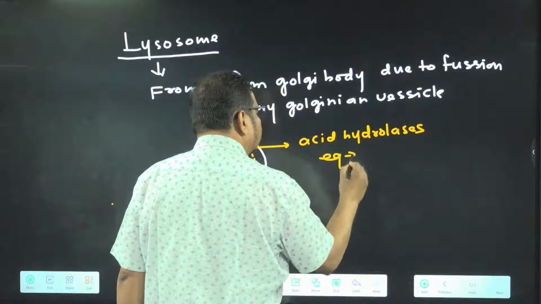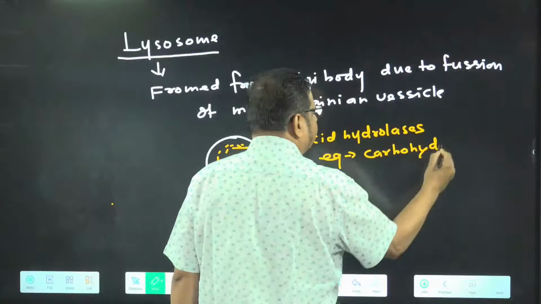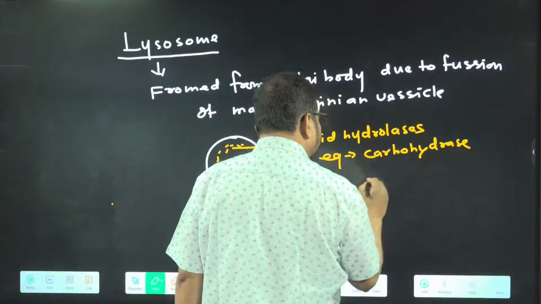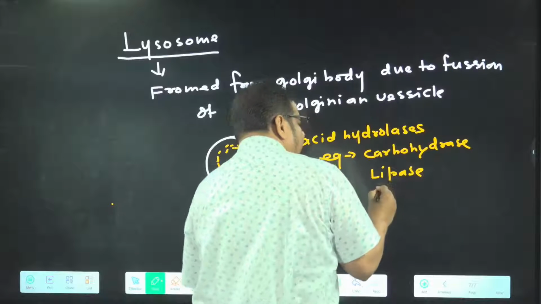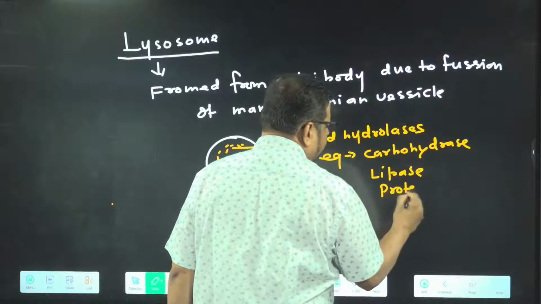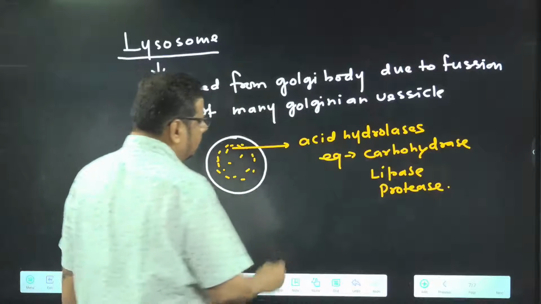Example: carbohydrase, it digests carbohydrate. Lipase, it digests lipid. Protease, it digests protein. Getting the things?